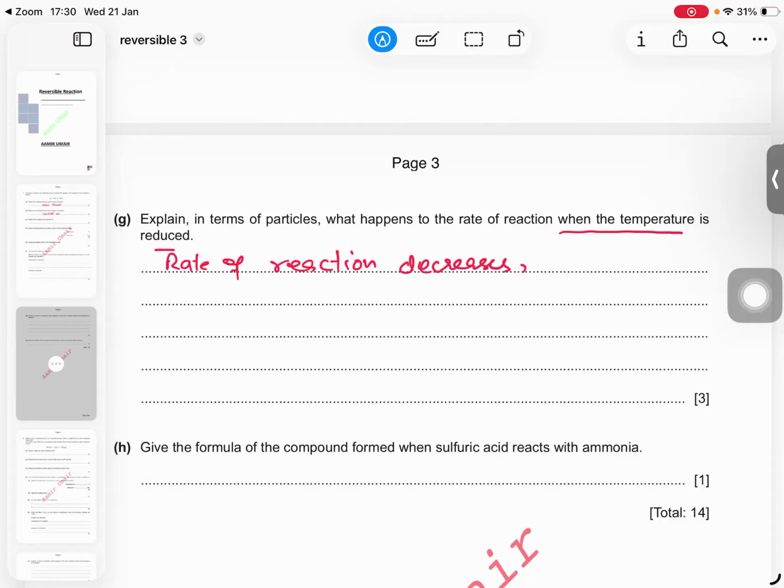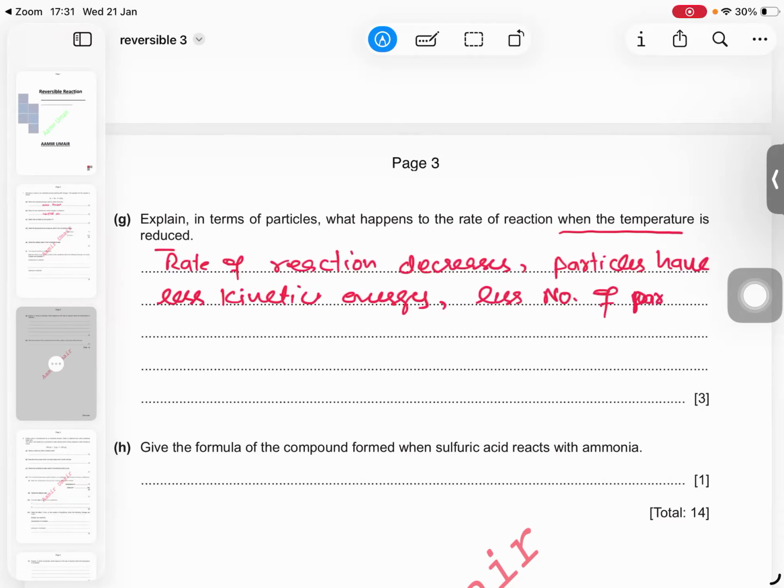Yes. So the second point, the particles have less kinetic energy. Again, less number of particles having energy more than activation energy.